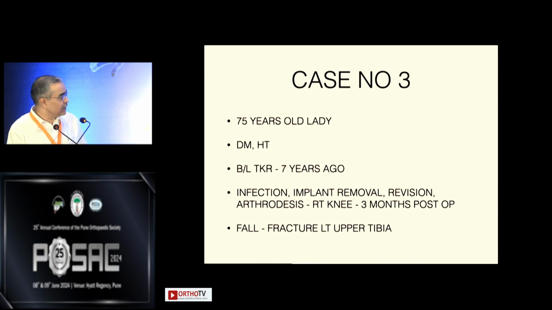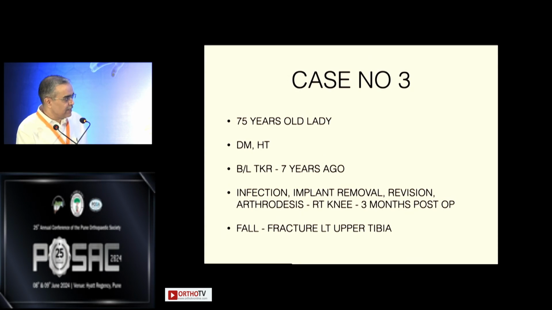Third case, 75-year-old lady, operated 7 years ago. She had an infection, implant removal, and she was due for her second stage. She had an infection on the right side 3 months after the index surgery, for which arthrodesis was done on the right side.